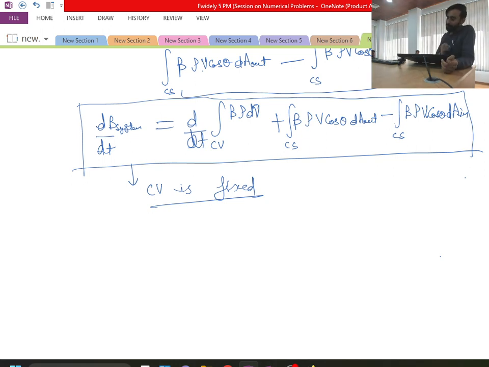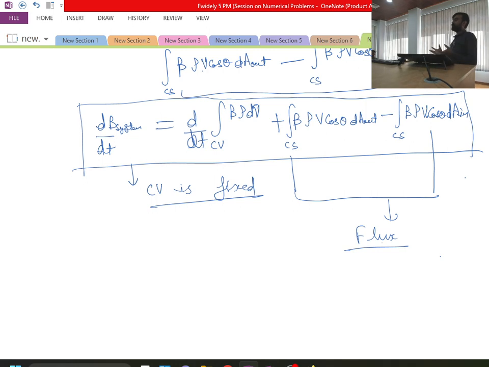Now in the theorem which I have written over here, you can see this particular term is called the flux term, the flux of the property. Flux of the property means the net change in the property across the control surface, across the area. That's why we call this the flux of the property.